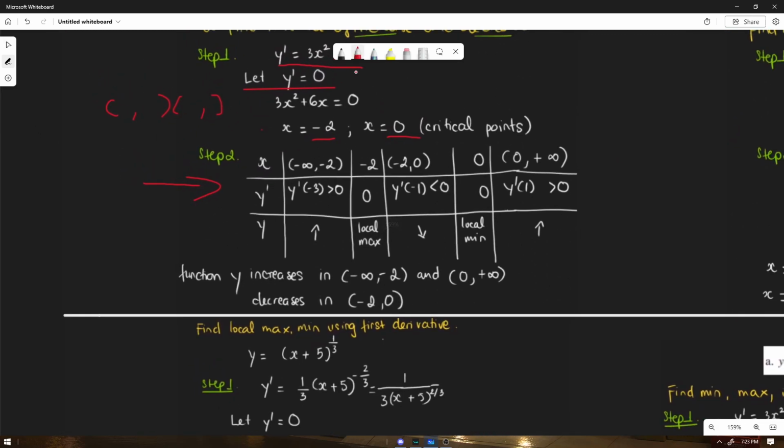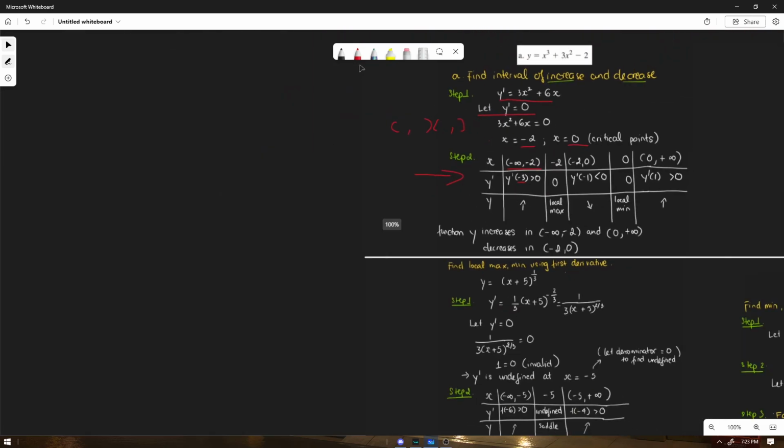I'll tell you from here. Okay, so from -infinity to -2, we will sub in a -3, because when we are at -2, we want the value from the smaller part and the bigger part.